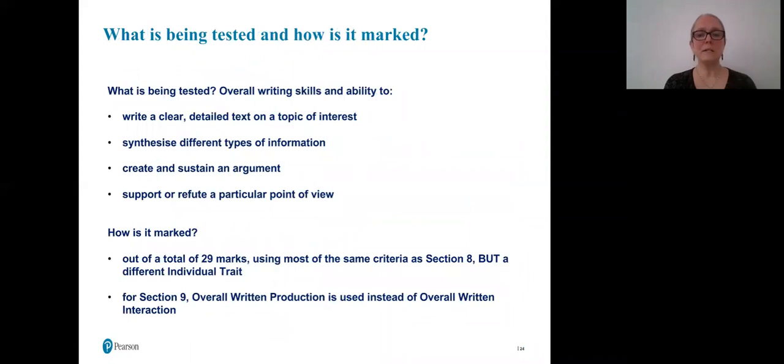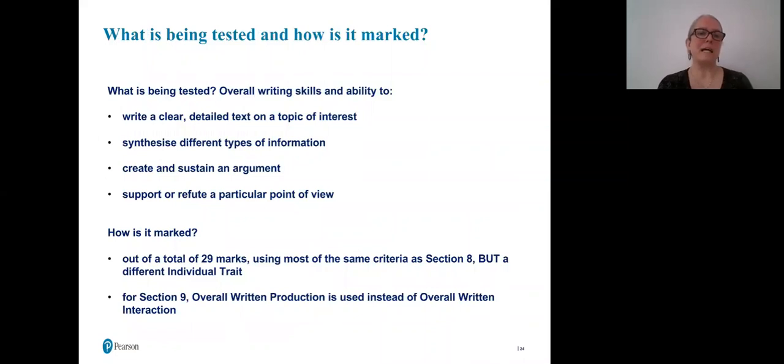So let's look at exactly what's being tested here and how it's being marked. In addition to overall writing skills, we're looking at the ability to write clear and detailed text on a topic of interest. We're looking at the test taker's ability to synthesize, to pull together from different sources, different types of information to support the points being made.